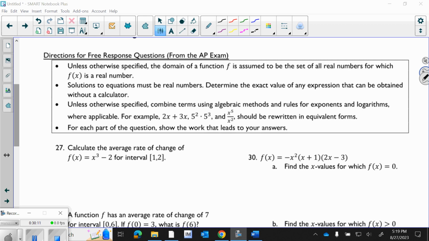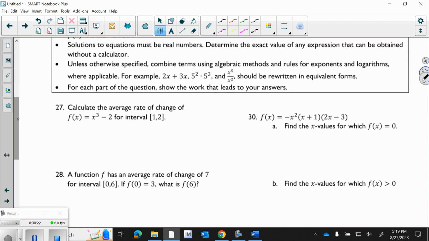27. Calculate the average rate of change of the function for the interval 1 to 2. In order to do this, we're going to set up our difference quotient. I'm going to do f of 2 minus f of 1 divided by 2 minus 1.